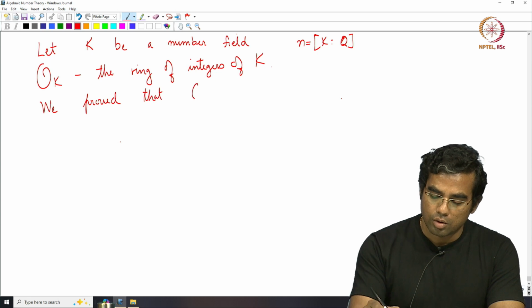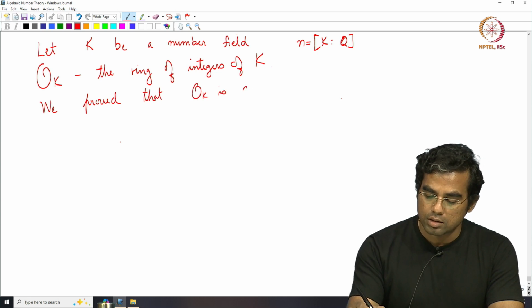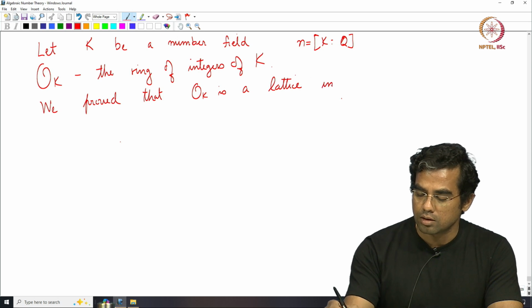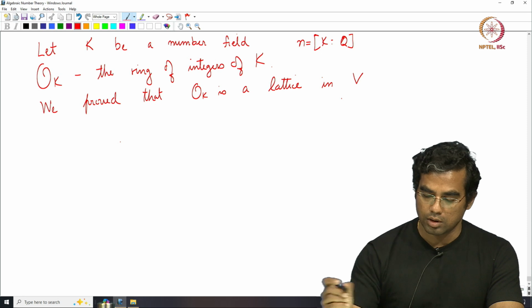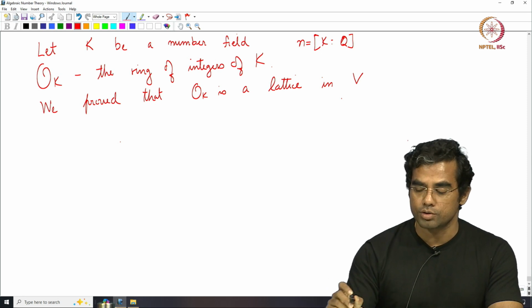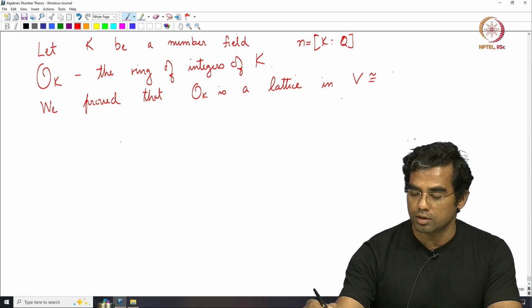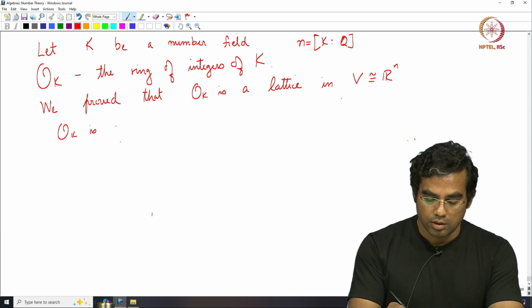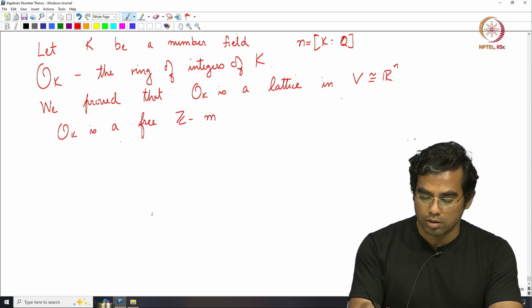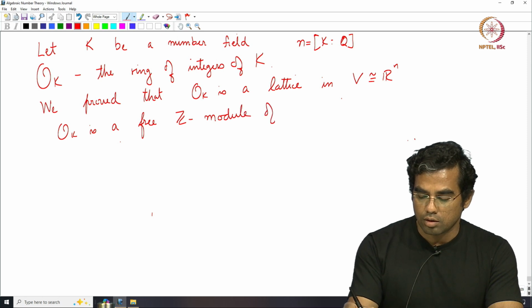So, we proved that OK is a lattice in a particular vector space that I am not going to recall from earlier. So, it is in a particular vector space which is isomorphic to R to the n, and so OK is a free Z module of rank n.